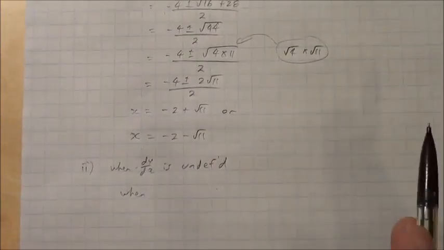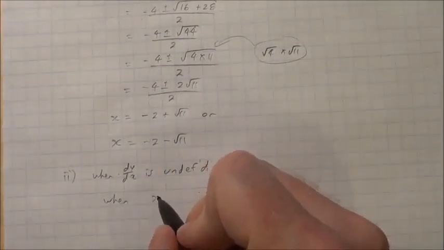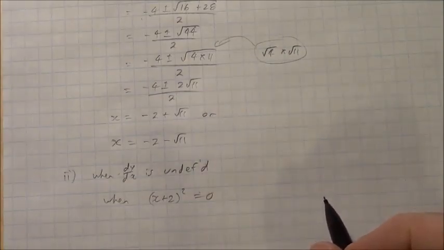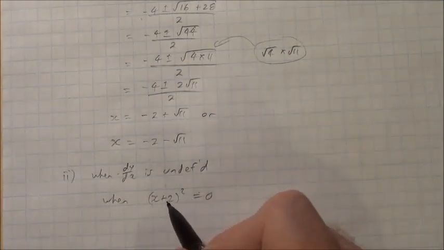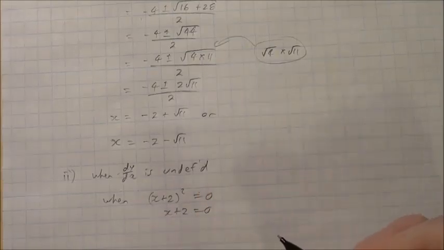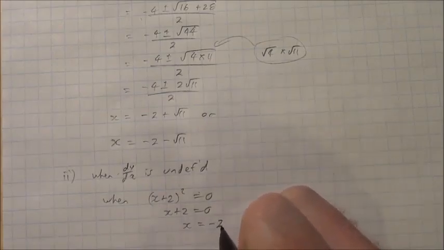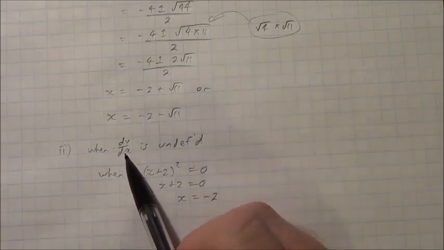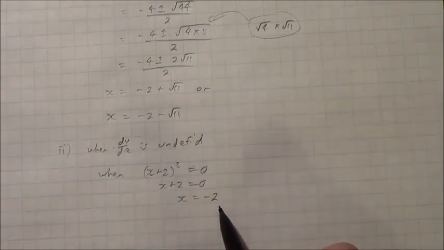So I've got x plus 2 all squared equals 0, because we know we cannot divide by 0. I'll take the square root of both sides to get x plus 2 equals 0, and then I will subtract 2 from both sides to get x equals negative 2. So dy by dx is undefined when x equals negative 2.